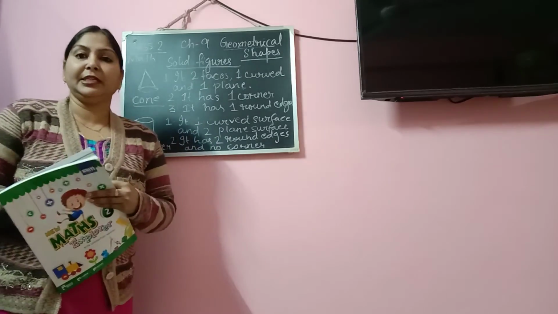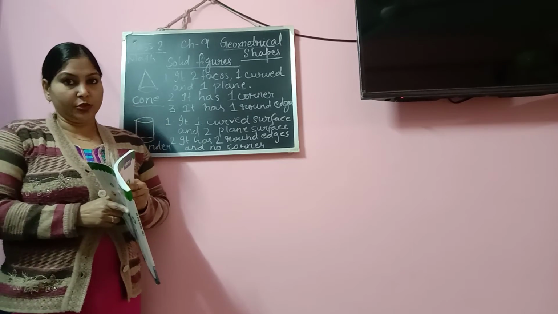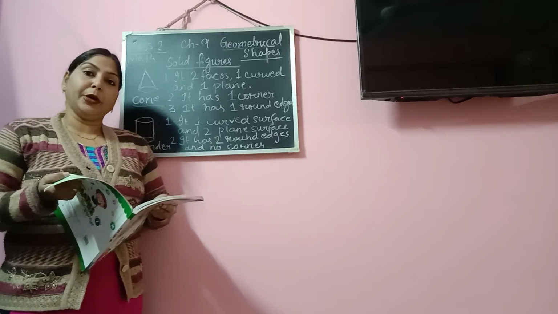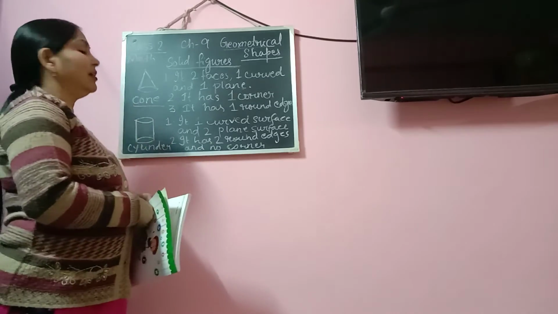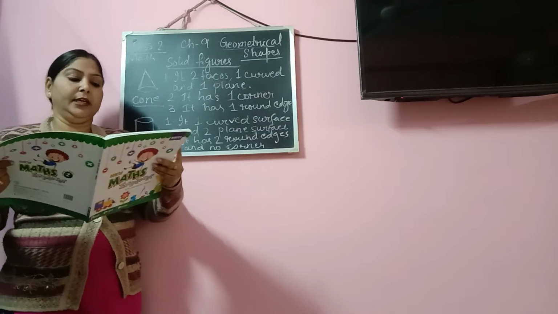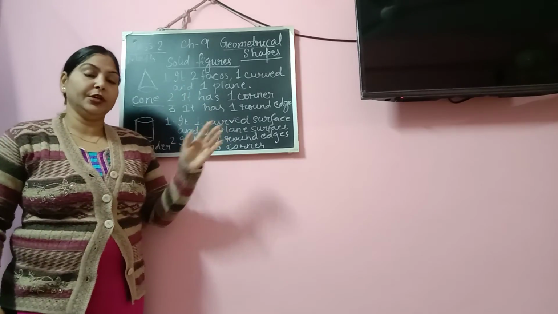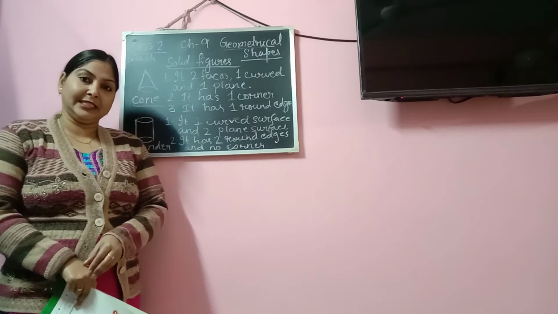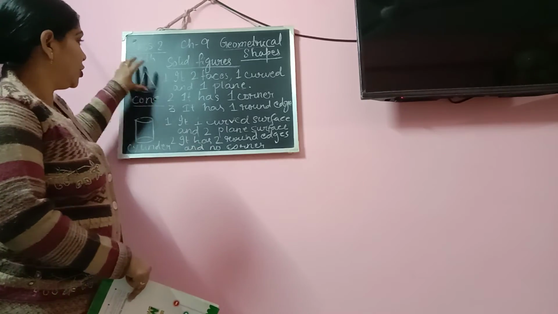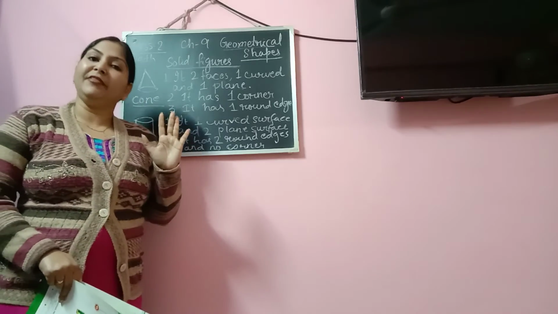We have completed all the five solid shapes or solid figures. In the previous class we learnt about cube and cuboid, and in this class we have learned about sphere, cylinder and cone. Whatever I have explained here, you will copy down as it is in your math CW copy. You will draw these solid figures and write about their features.